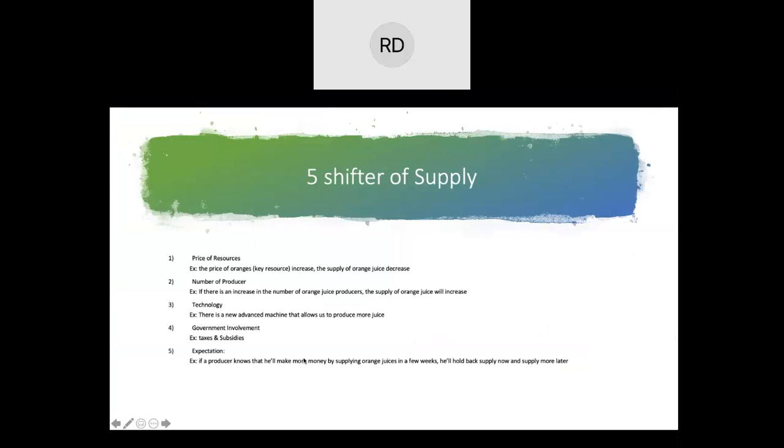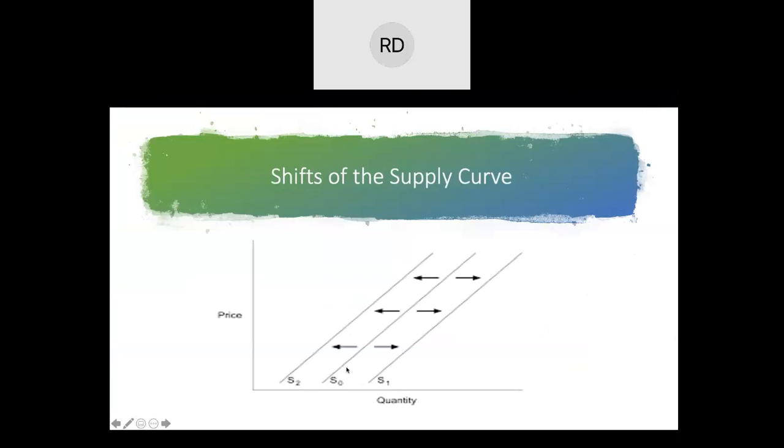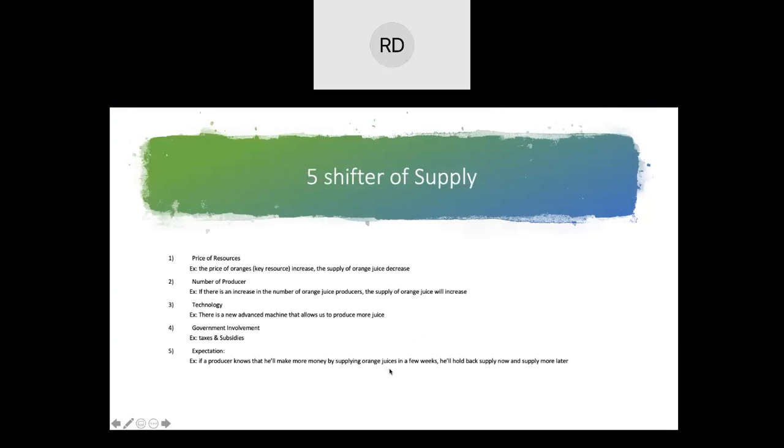If there is an increase in the number of producers of orange juice, then the supply curve will move to the right, because there will be an increase in the quantity of orange juice supplied, right? So we'll move from here to here because we have an increase in the quantity supplied.